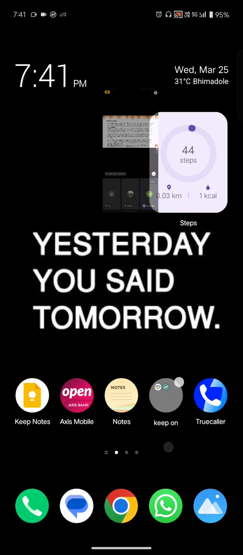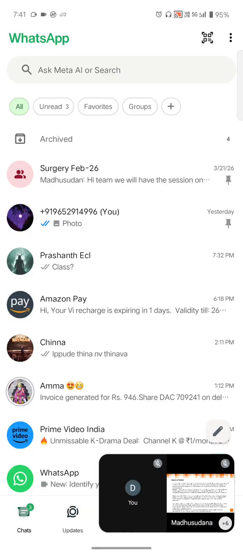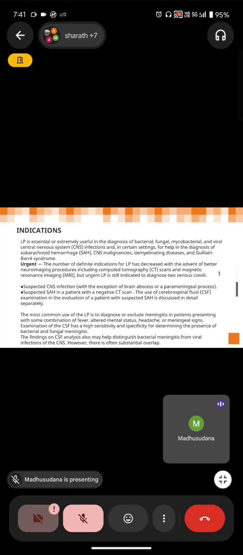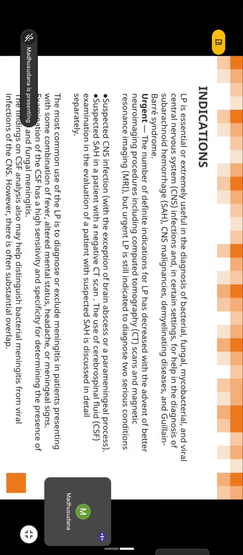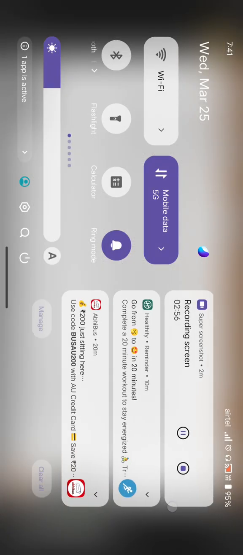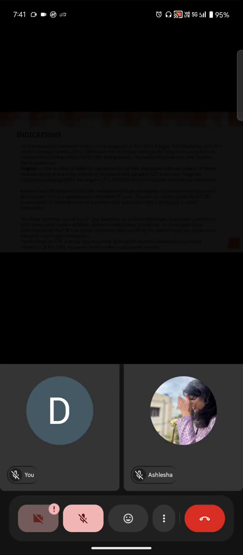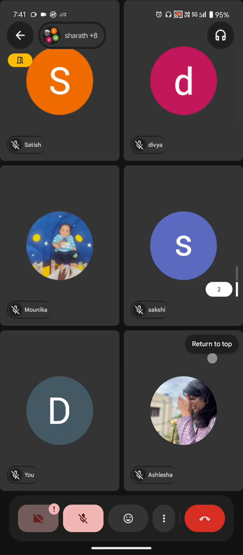Maybe there is a tumor, maybe there is a severe blood clot inside the brain, then the projectile vomiting will happen. Okay, in that urgent scenario they will do this procedure. Okay, and the suspected infections of nervous system, suspected subarachnoid hemorrhages. Okay, CT scan is showing some abnormal hemorrhage in the subarachnoid area. Immediately they will do this procedure.